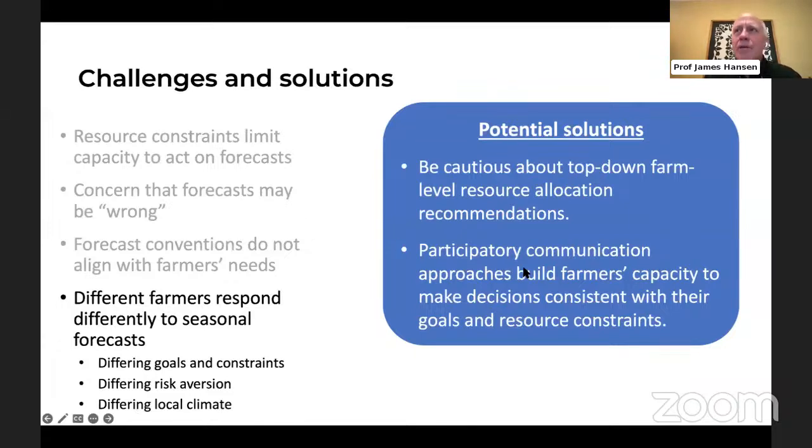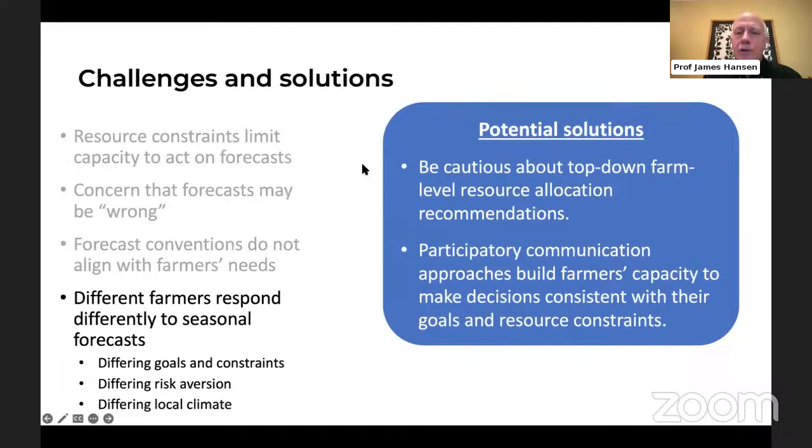This is not a problem in itself, but for an agricultural extension service, if they are attempting to disseminate a recommendation about what farmers should do, those recommendations may be problematic if they're too top-down, if they don't consider these individual farmer differences.